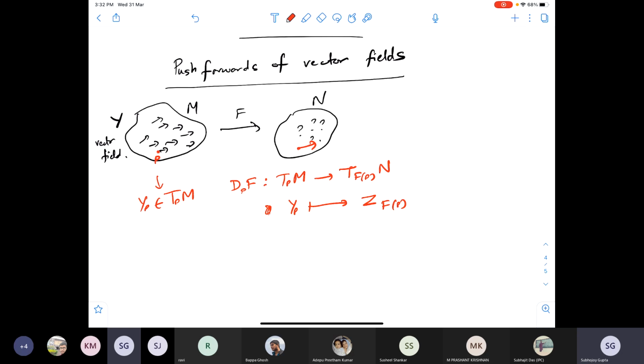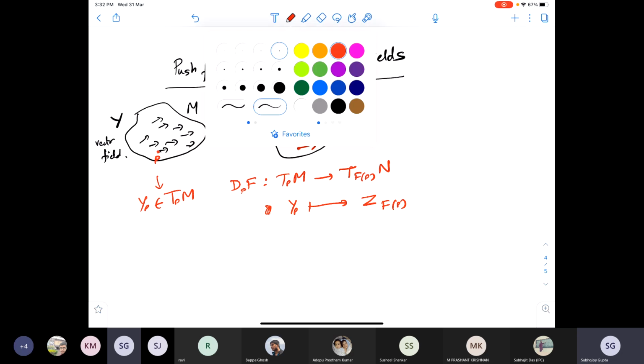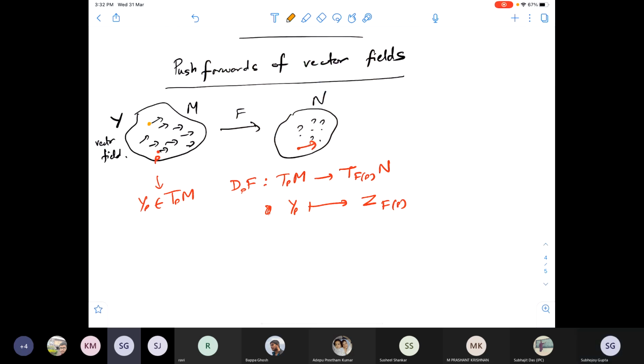Except that you run into trouble if your map F is not injective. Suppose you have another point Q here, which also maps to the point F(P).